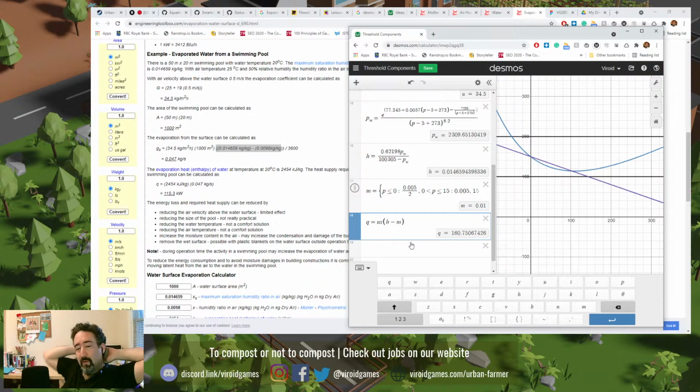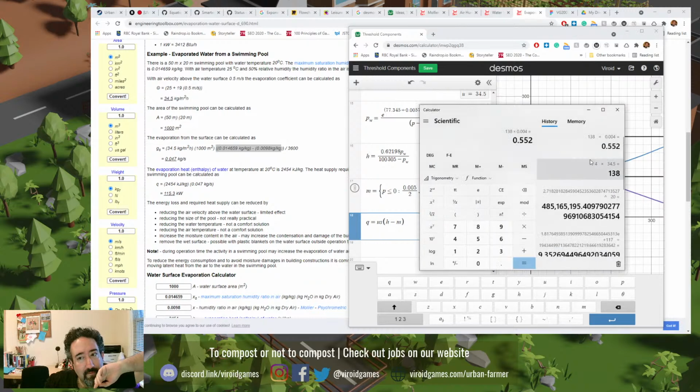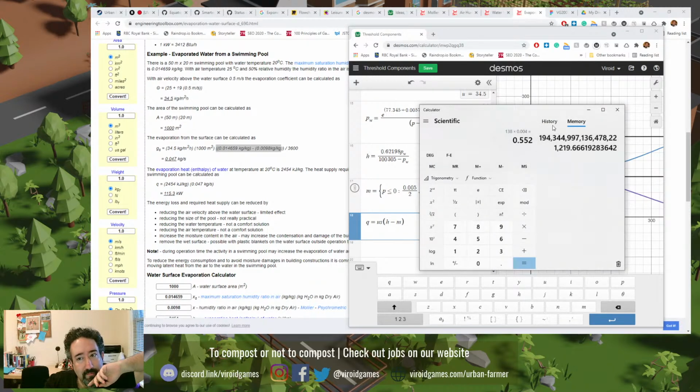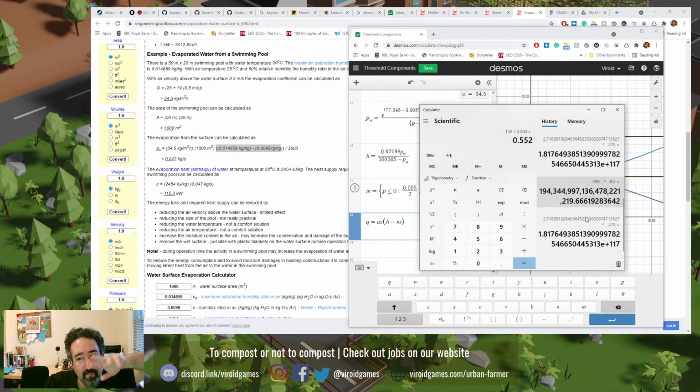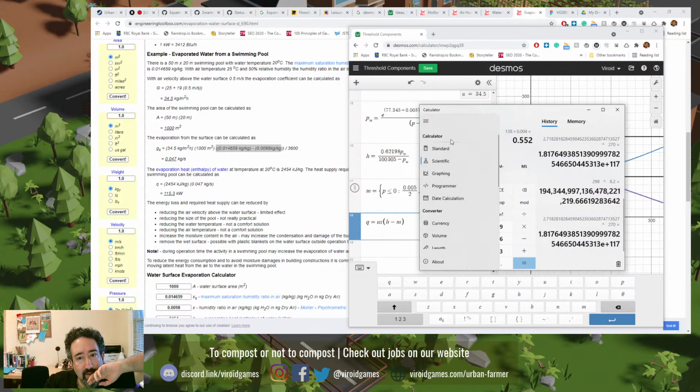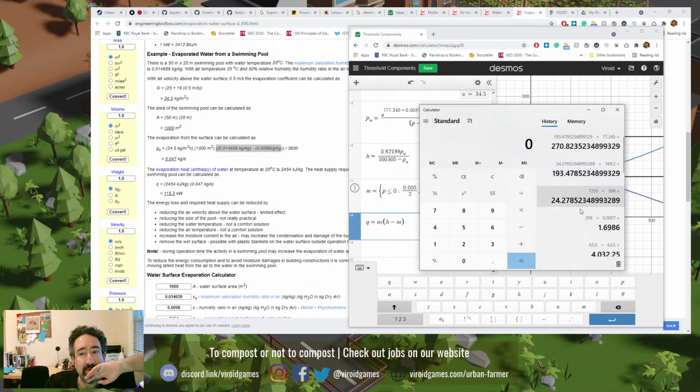That is right. And if only I hadn't lost the history from the previous unscientific calculator. Oh, it does remember. Awesome.